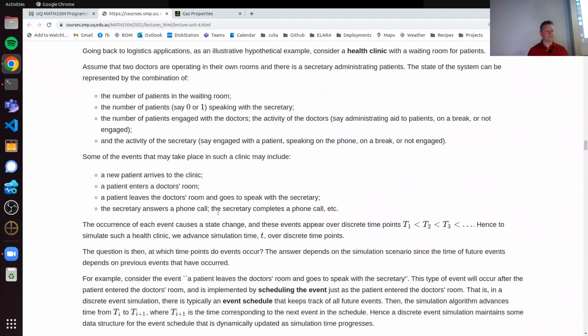All right. So we're going to go a bit deeper into another simulation and code it up, and it's going to start getting more like the kind of examples in Project 2. So we've got a health clinic and a waiting room, okay? This is a bit of a queuing problem. People are queuing up to see the doctor, right?